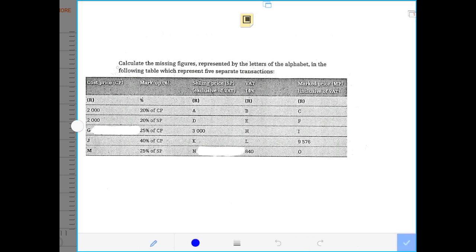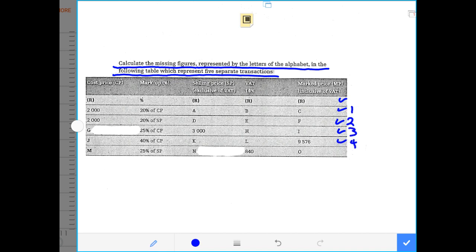It says here: calculate the missing figures represented by the letters of the alphabet in the following table, which represent 5 separate transactions. So now we have to account for VAT, cost price, markup percentage, and marked price.